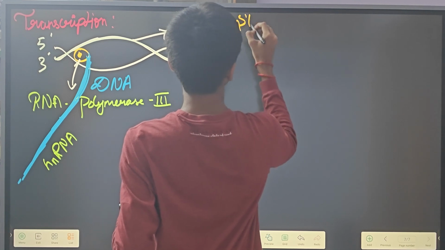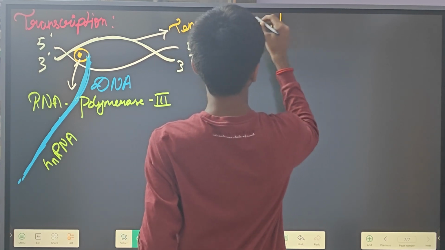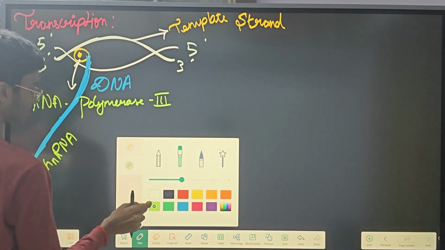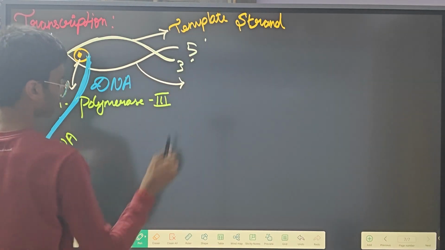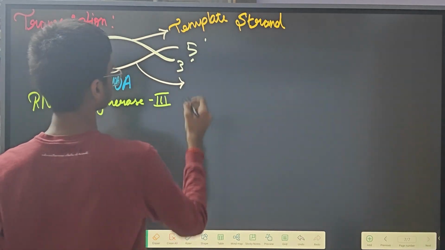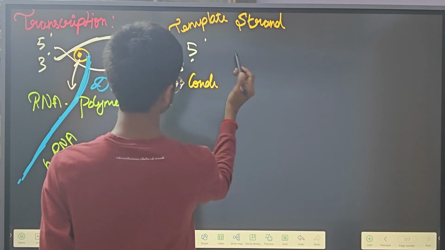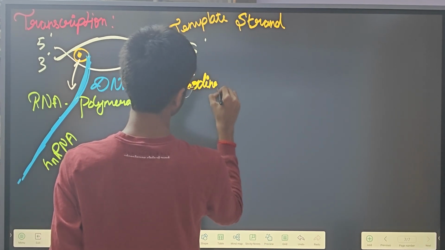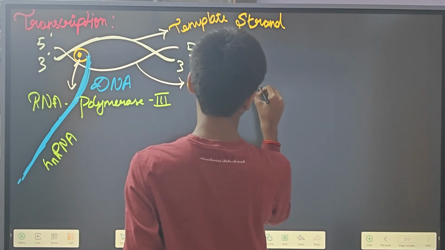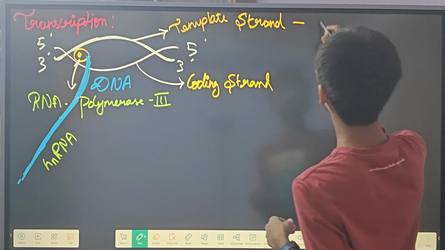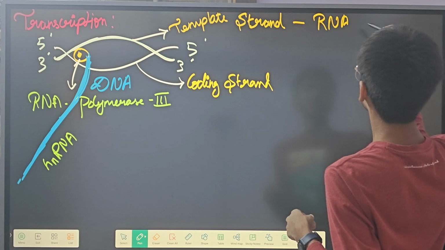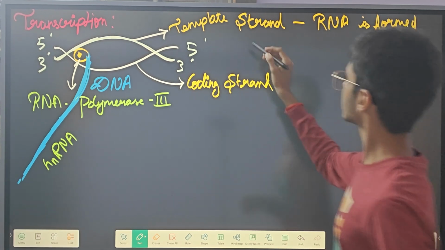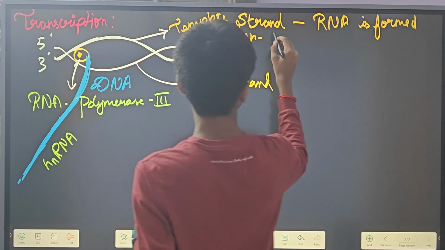And then this bottom strand is known as the coding strand. From the template only RNA is formed. And this is also known as the non-coding strand.